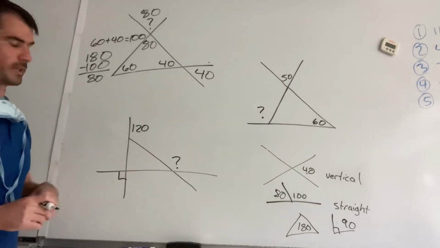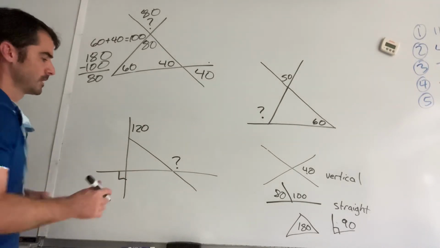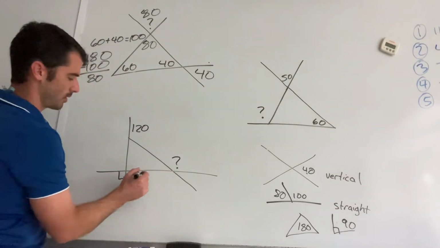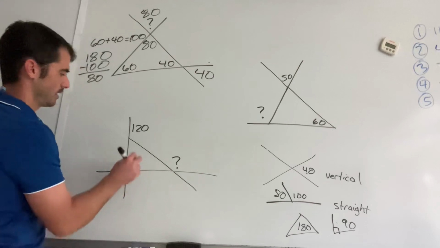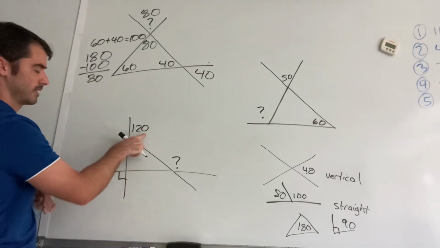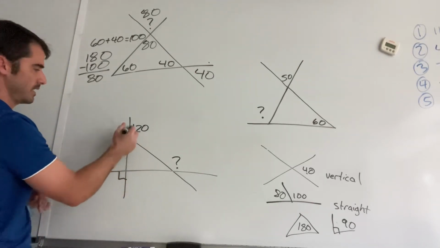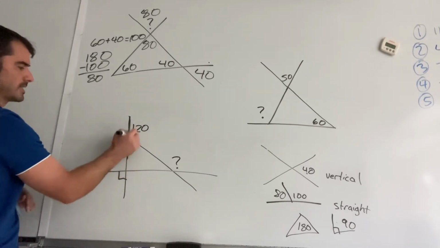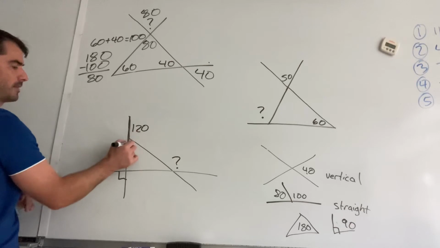Now, this one. Before I begin, I'm looking at this going, what information do I know? I know this is 120. If this is 120, I see right here I've got this straight line, and the total on each side would be 180 degrees.